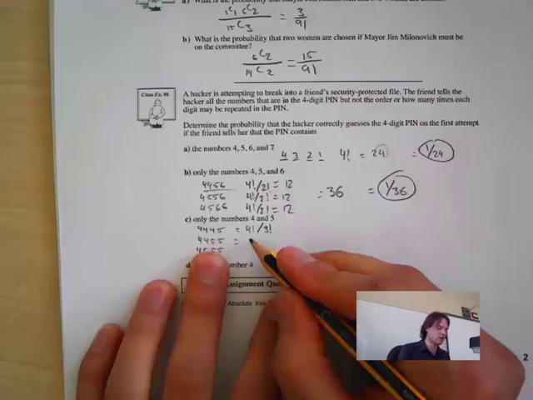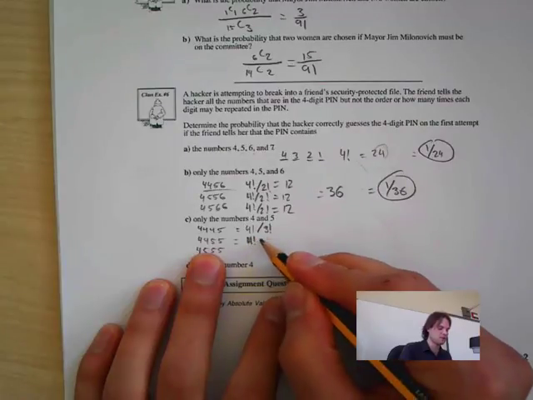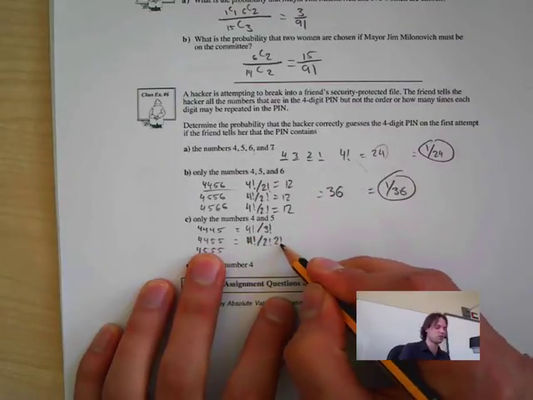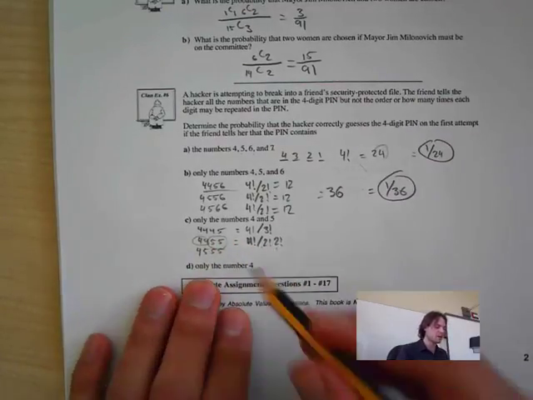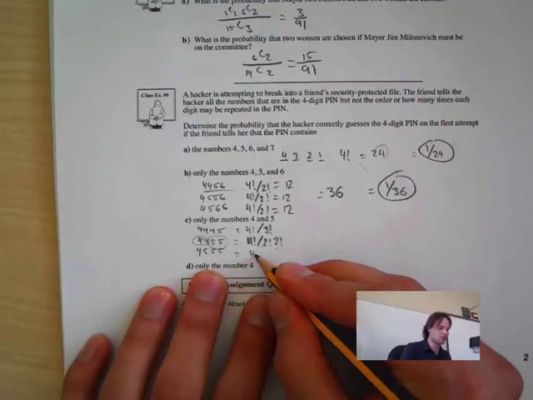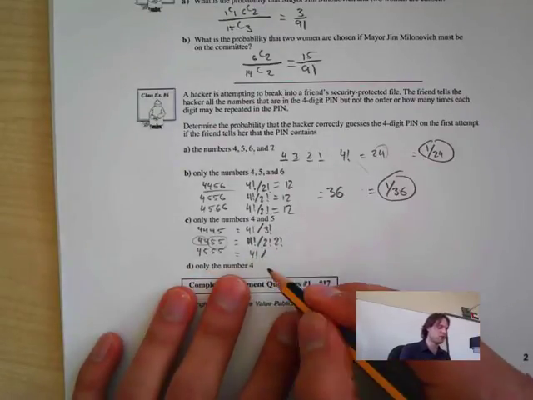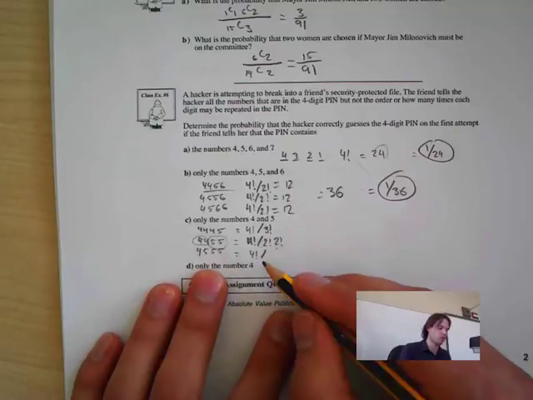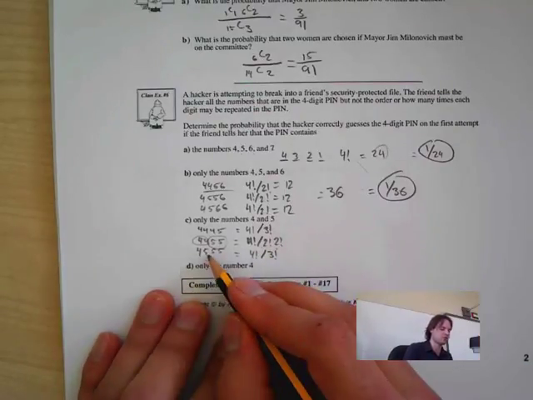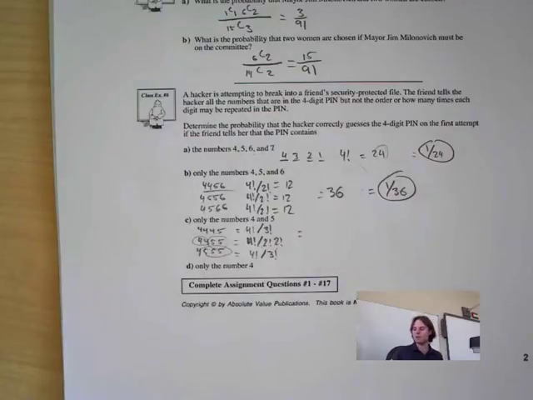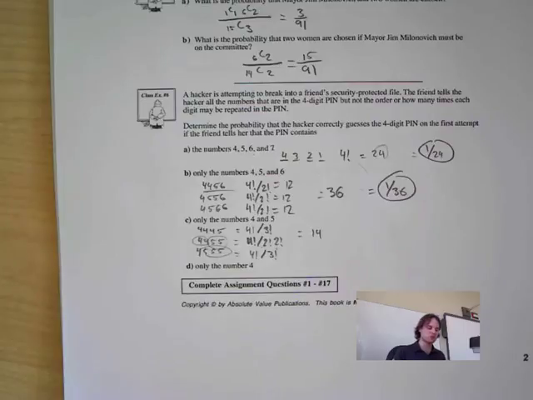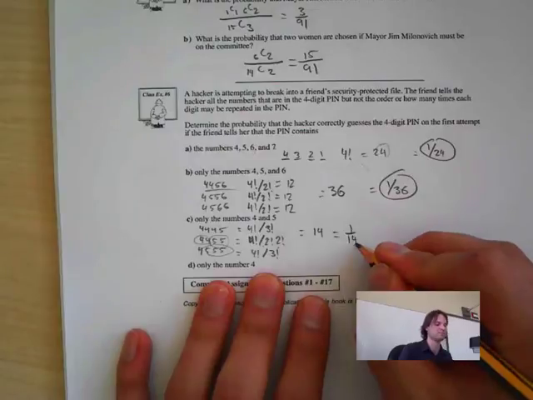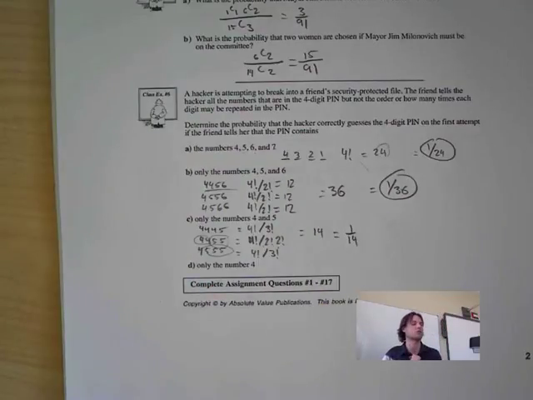Next one is 4 factorial divided by 2 factorial multiplied by 2 factorial, because we have 2 4s and 2 5s. And the last one is 4 factorial, because we have a total of 4 digits, divided by 1 factorial for the 4, 3 factorial for the 5, because there's 3 repeated 5s. So what does that give me? Altogether, that will give me 14 different solutions, which is the same as 1 out of 14. The probability, only one of those is correct.